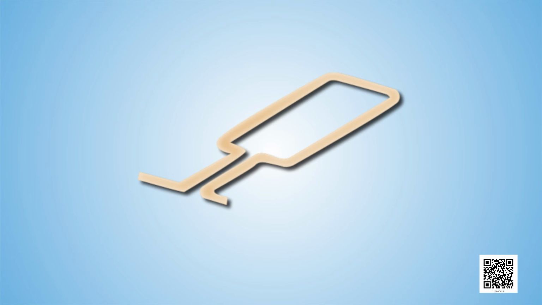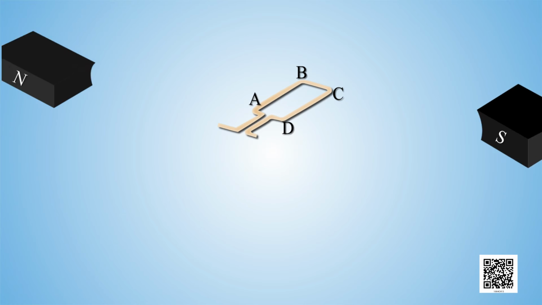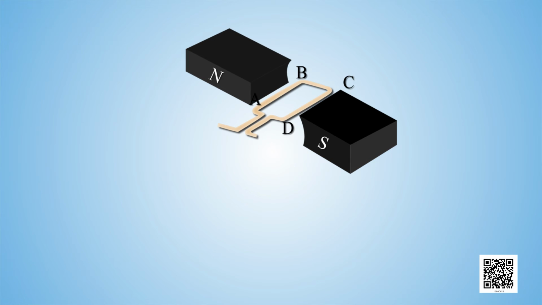An electric motor consists of a rectangular coil ABCD of insulated copper wire. The coil is placed between the two poles of a magnetic field such that the arms AB and CD are perpendicular to the direction of the magnetic field.